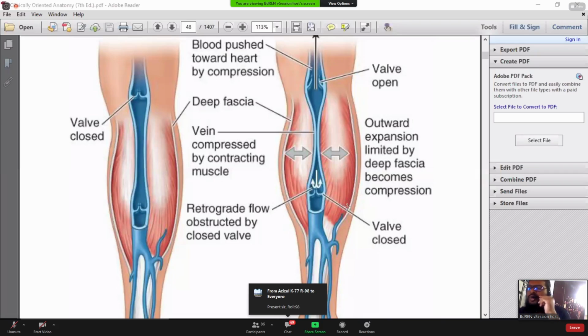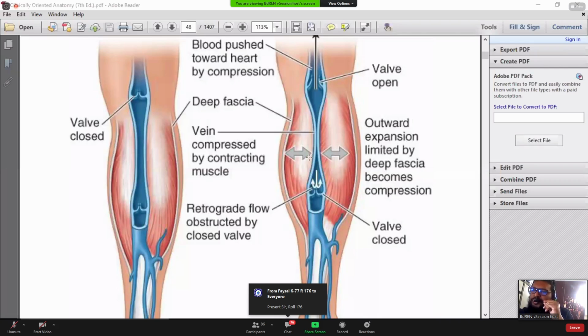The fascia of the lower limb doesn't allow the muscle to be exponentially expanded. It is limiting the breadth of the muscle. So it is increasing in breadth, but it is not getting the space to expand. So it will compress the inner structure that can be compressed, that is the vein.